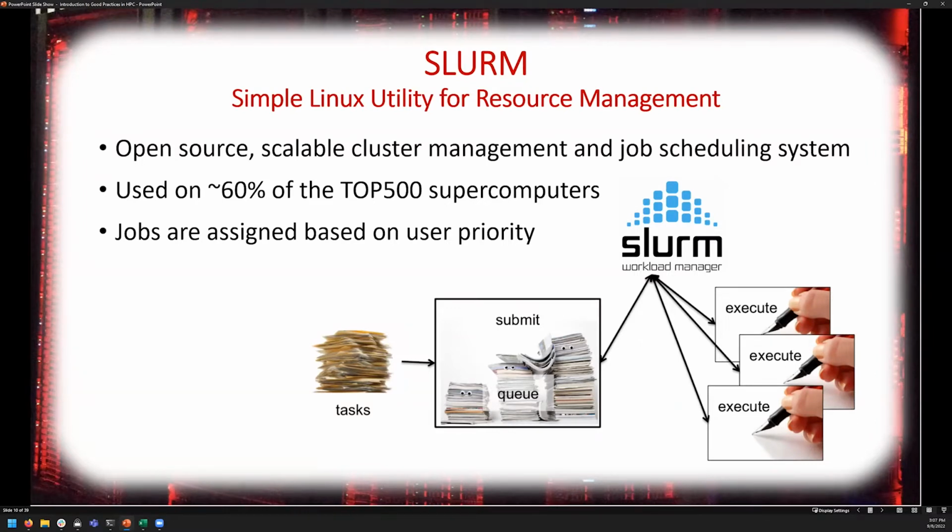It essentially assigns jobs and starts them up on the worker nodes from the management node based on available resources and your user priority. And your user priority is adjusted dynamically as you use the clusters more and more or less and less, where you, as a researcher, provide tasks for the scheduler to run out to the worker nodes.